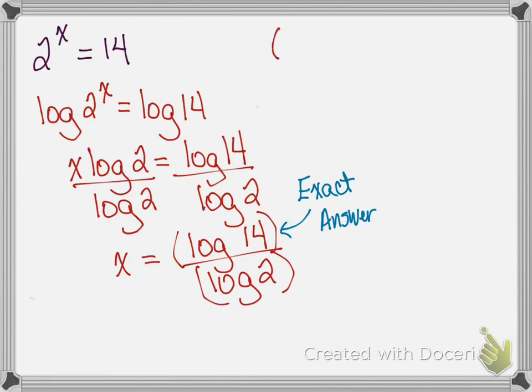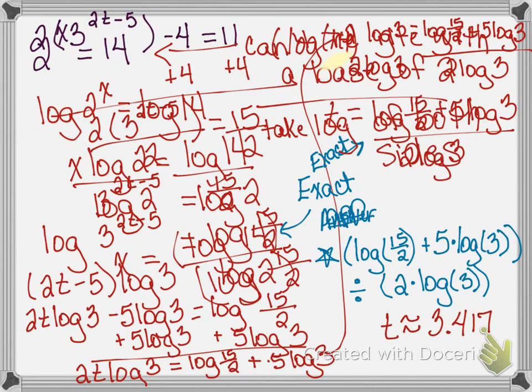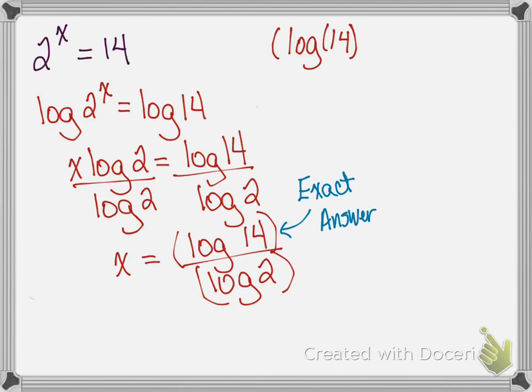Parentheses, log, and as soon as you hit log, what shows up? Good. So I'm going to have log of 14. Now, I have to close this parenthesis, then I have to close the numerator.